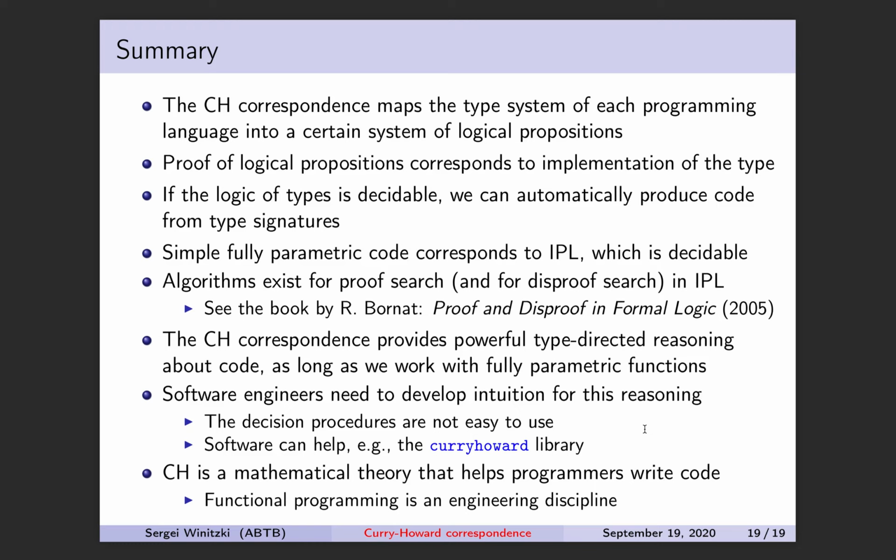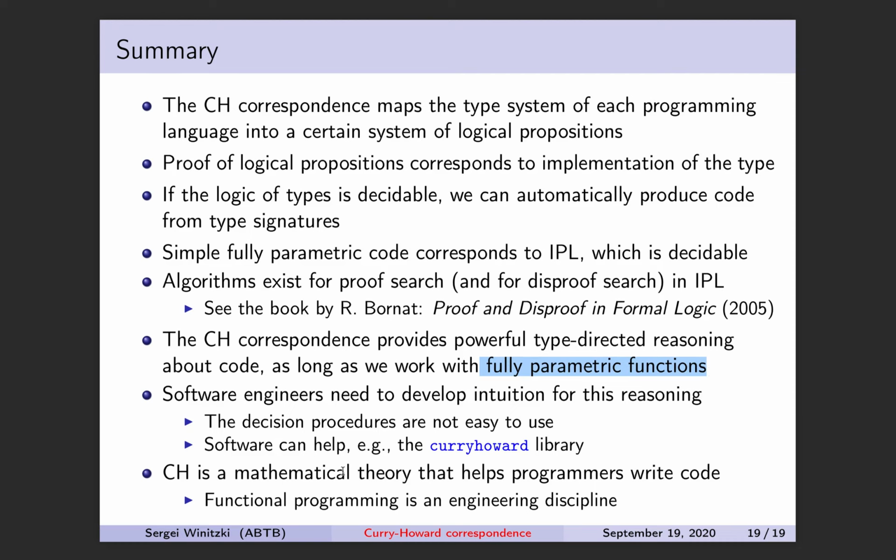The programmer is guessing how to write code, just like the programmer is guessing when writing object-oriented code. But at least for fully parametric functions, there is no more guessing.